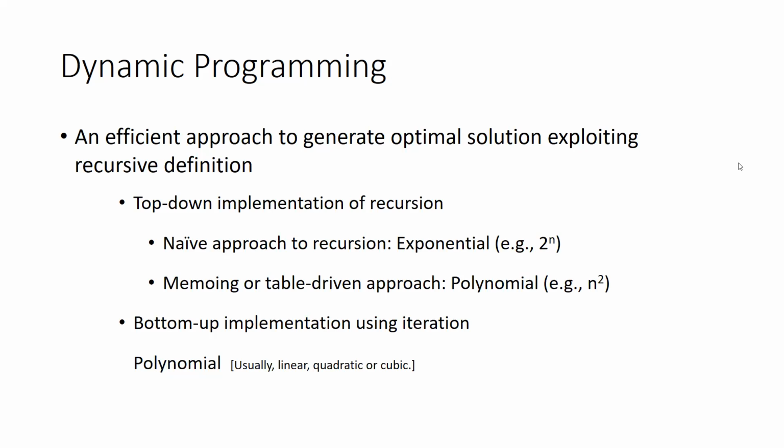Now, the best way to do dynamic programming is to solve problems. For each problem that we are going to solve using a dynamic approach, we will first start by using a naive implementation, a naive recursive way of doing things. We call this a top-down implementation in the sense that we have a large problem.